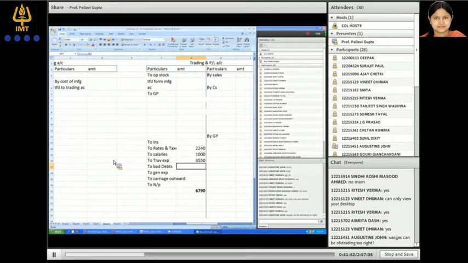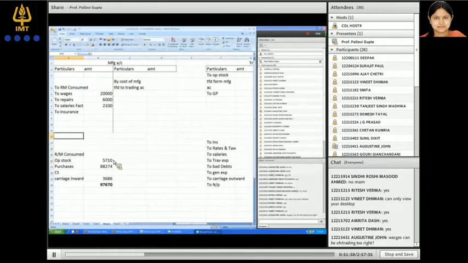Right. Insurance factory. Insurance factory would be a part of the factory expense. It will go to the manufacturing account. Insurance general. General will come to PL.